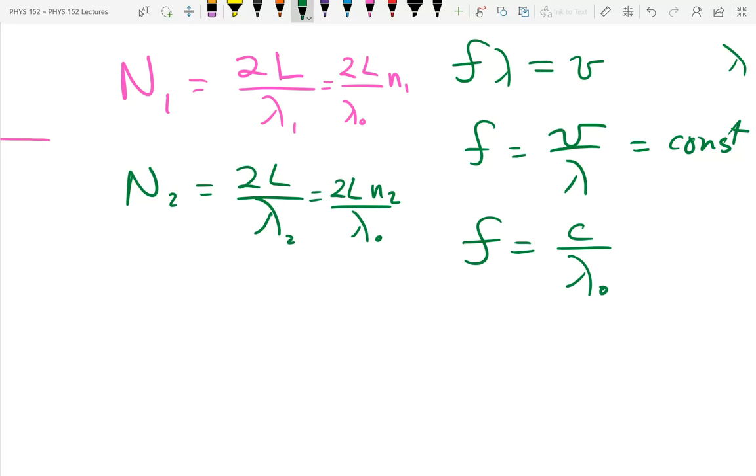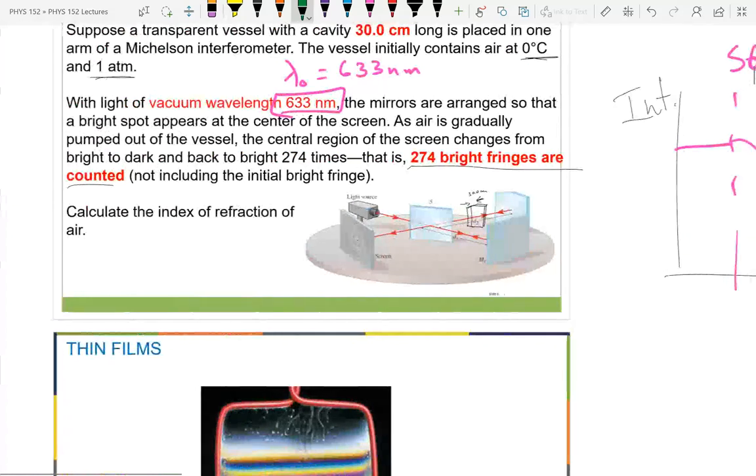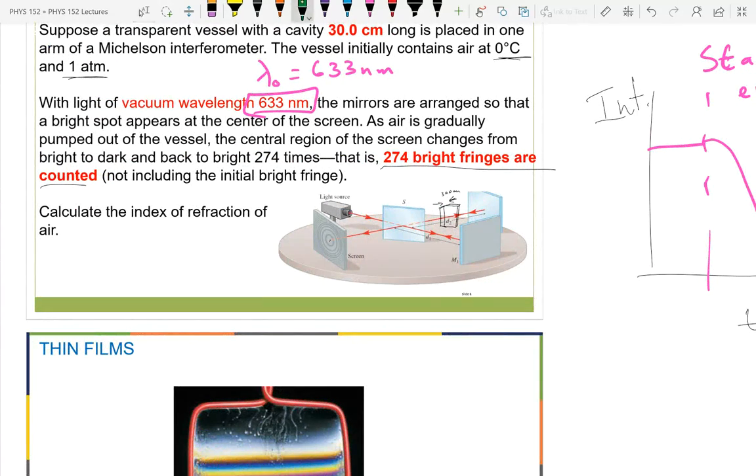And what we have from our data is that the difference in those numbers of wavelengths is this 274 bright fringes.